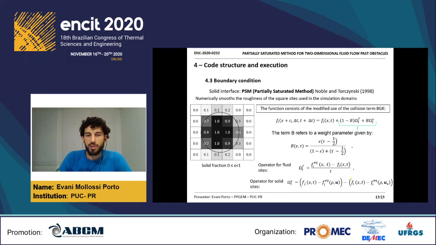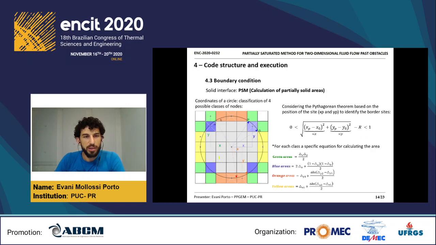Then we have a special collision operator for solid sites and the standard one for fluid sites. The operator for solid sites considers the populations that were bounced back during the streaming process, and this is a special one to calculate the equilibrium condition in the PSM method.